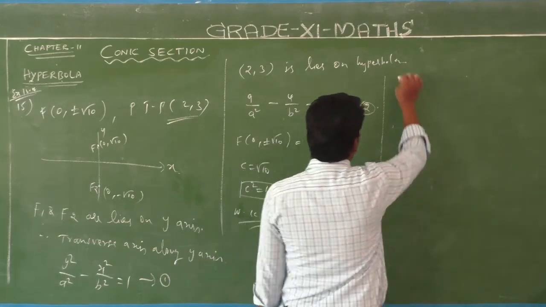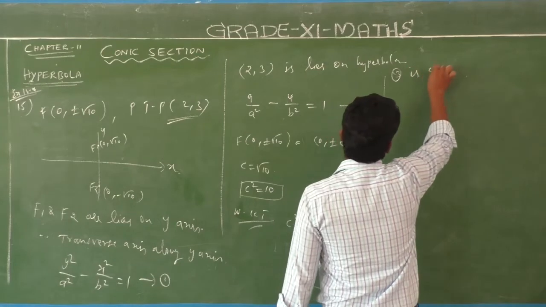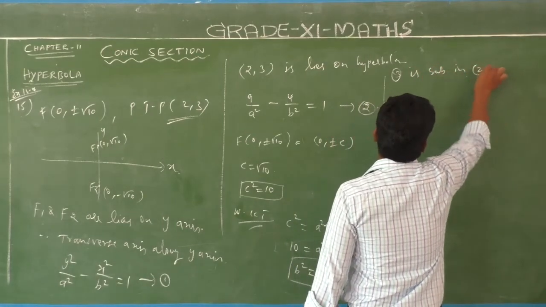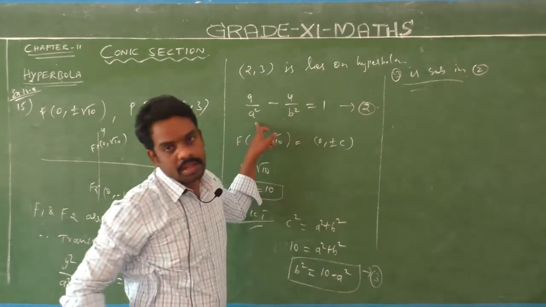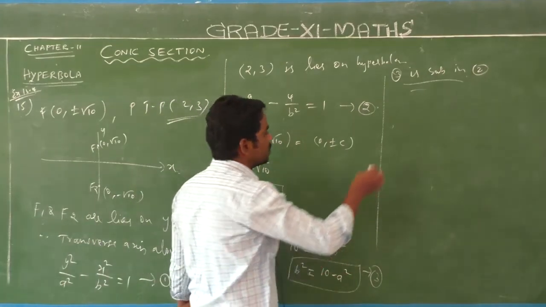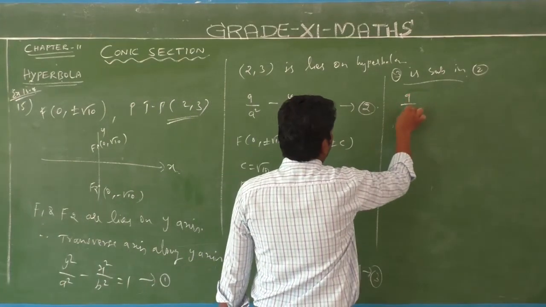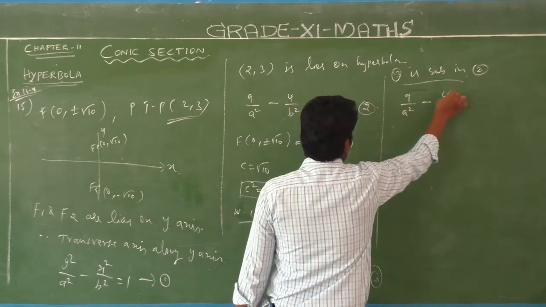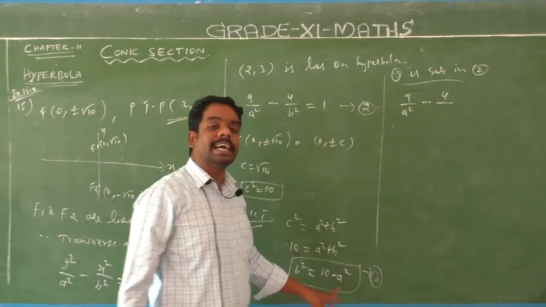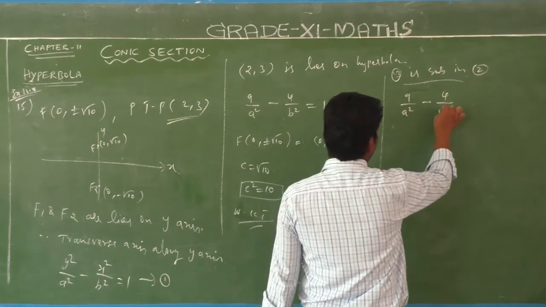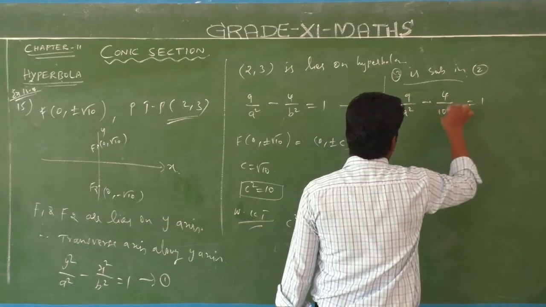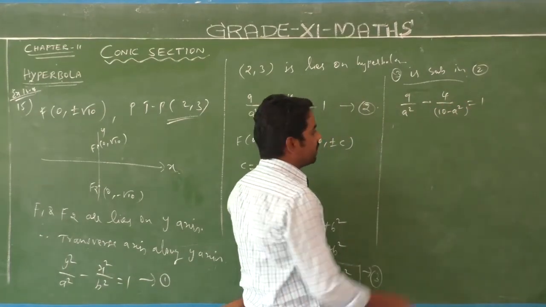Substitute equation number 3 in equation number 2: 9 by a squared minus 4 divided by (10 minus a squared) equal to 1. Simplify this.